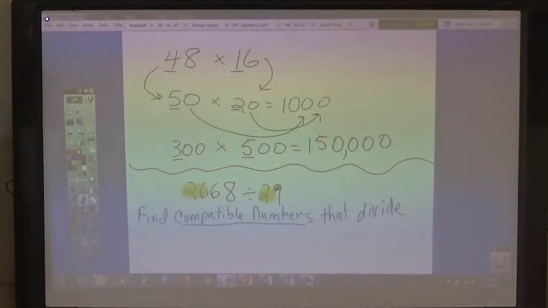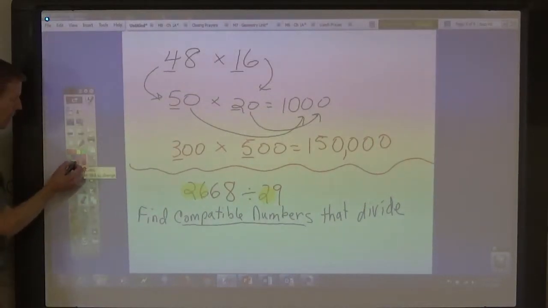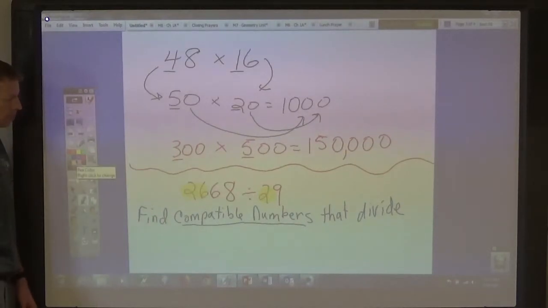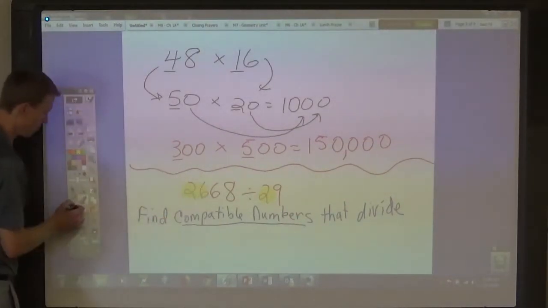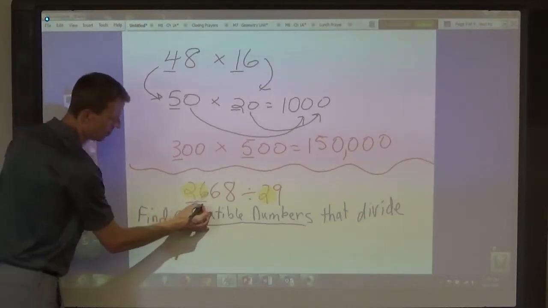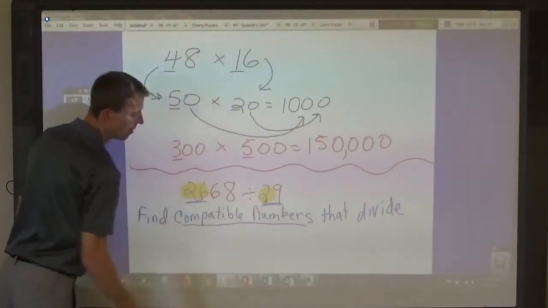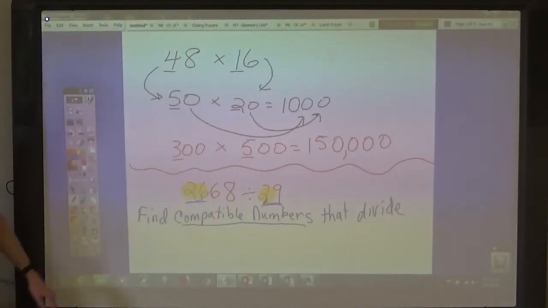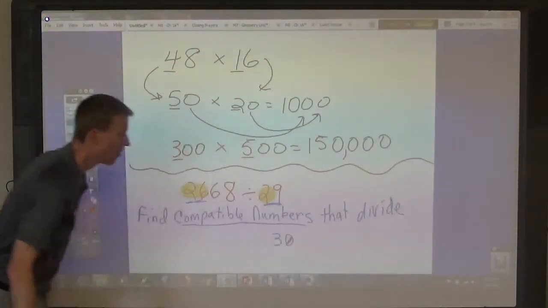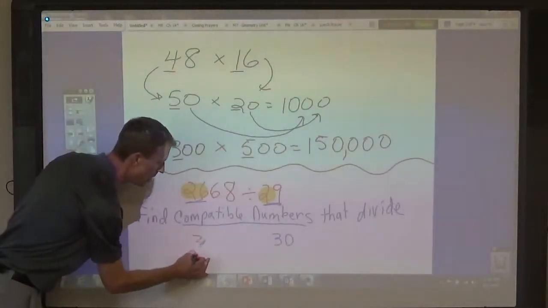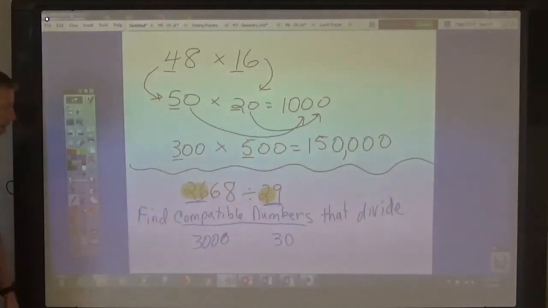So if we were to round these two, looking at the front of the numbers, could we change them so that they would divide evenly? 2,668 divided by 29. Ben? 30,000. So 30 and 3,000? Good, that works.